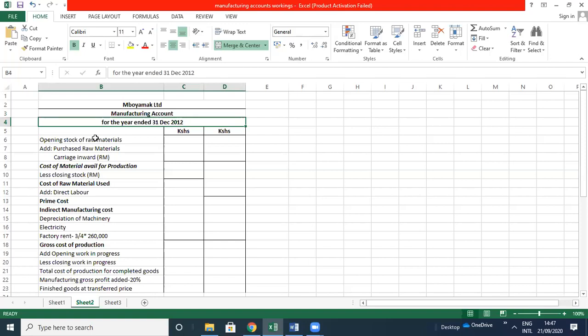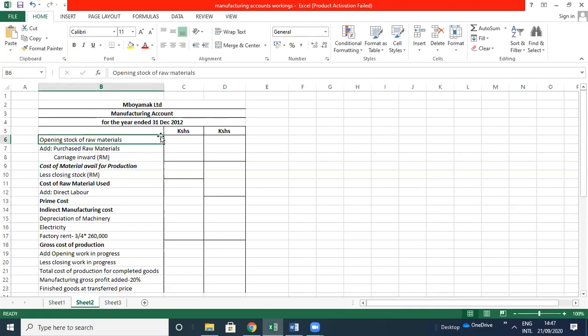Then we have purchases of raw materials, carriage of raw materials, direct labor, and all those costs proceed to the end. Are you able to see my Excel? Kindly confirm. Good, then we can proceed.